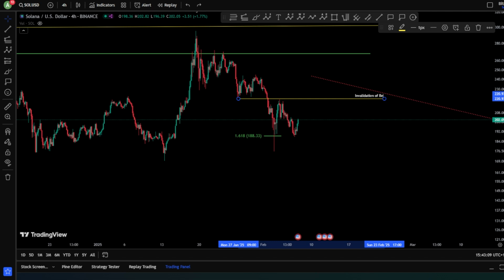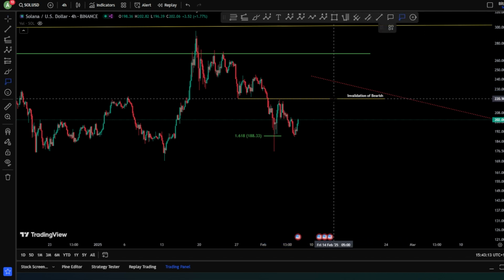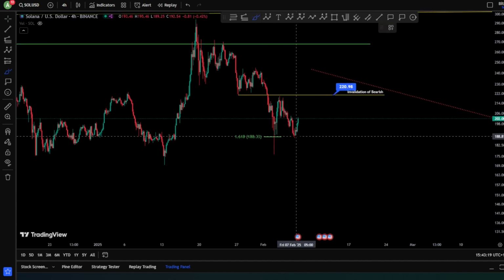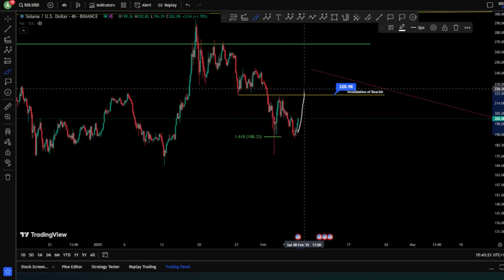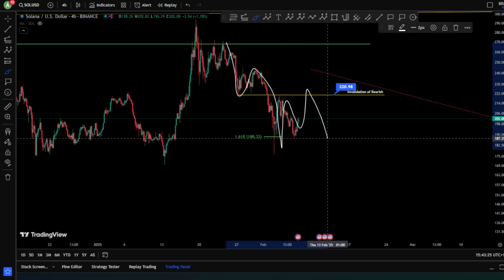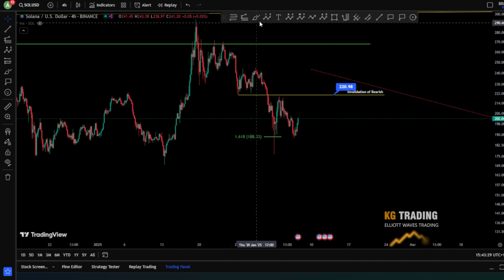Invalidation of a bearish, okay? And this price action is exactly at $220 or $221. You're going to see invalidation in case we move higher here. Therefore, we don't have 1, 2, 3, 4, and a 5 anymore. However, right now we are looking for an impulse.